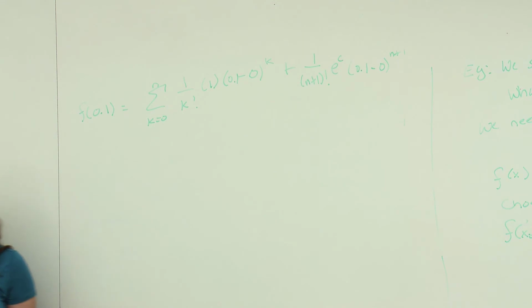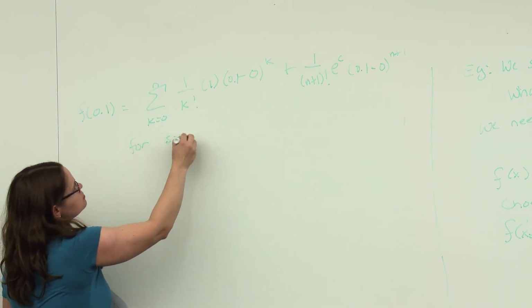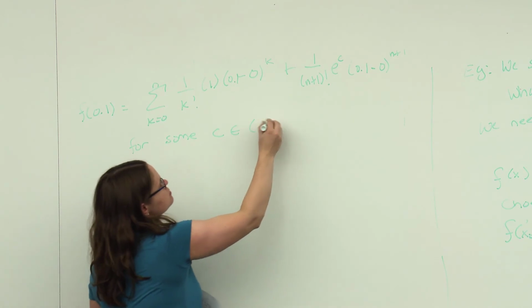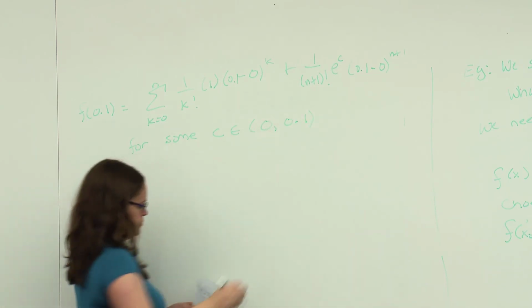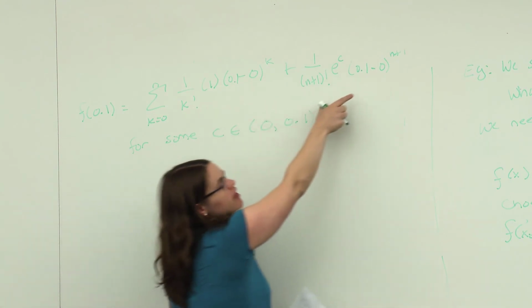Again, we don't know where c is, but we know some limitations on it. It lives somewhere between 0 and 0.1. Okay, so this is the approximation we're going to use. This is the error term.